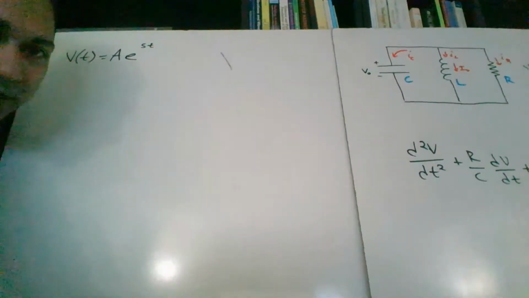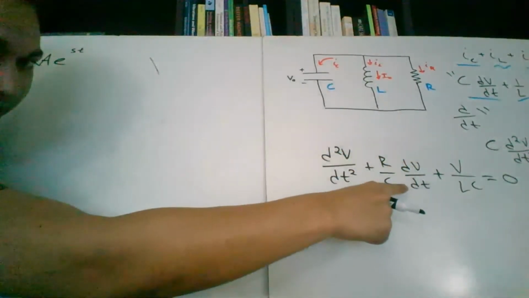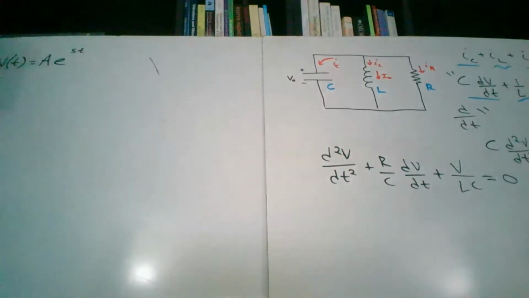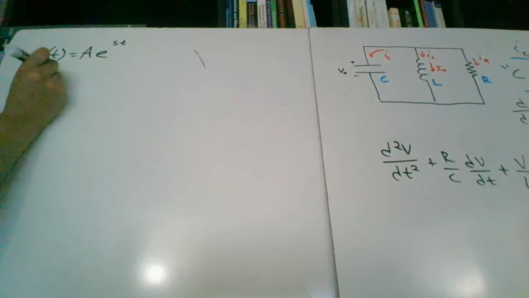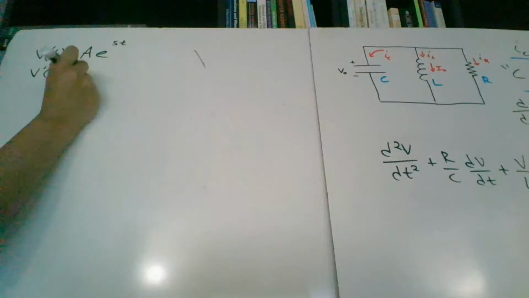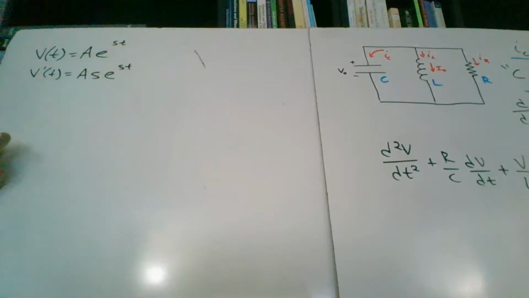So if we look at our differential equation, we've got that part written out, but we need to take the first derivative of it, and we also need to take the second derivative of it. So I'll do that right now. The first derivative, which we could write as v prime of t, is going to equal, when you take the derivative of this, A times s e to the power st. So that's the first derivative.